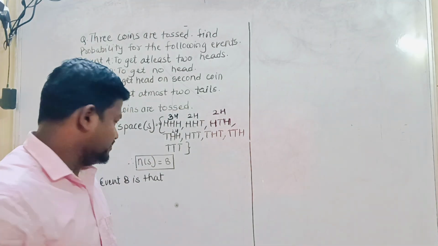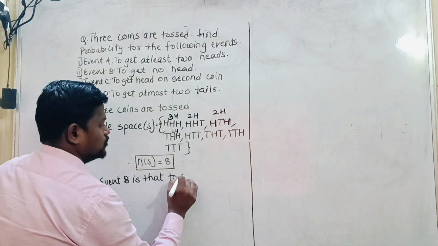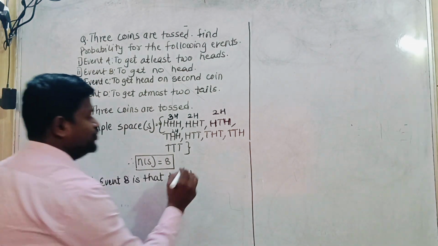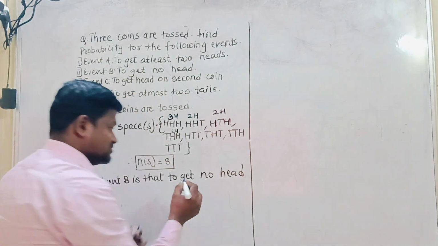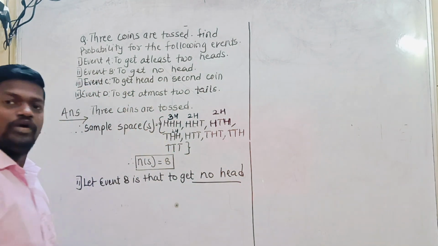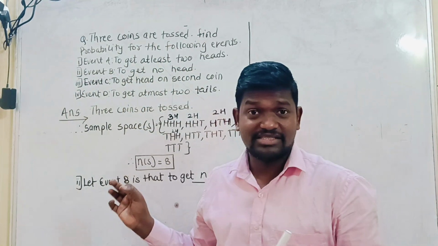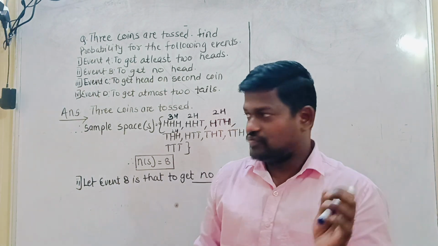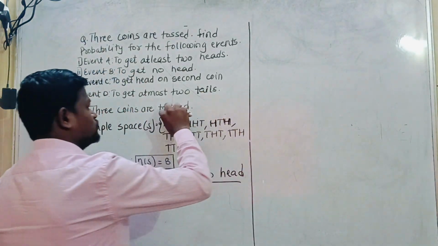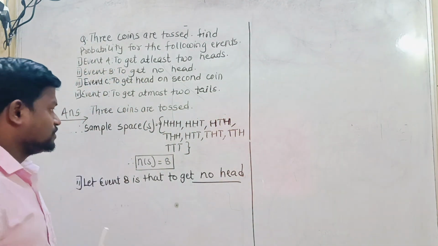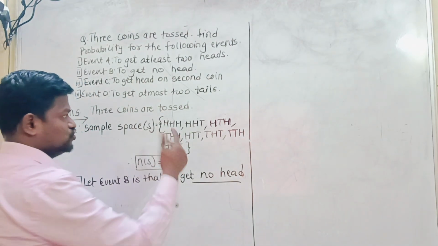So the next event is event B, to get no head. No head means in our sample space there is no head, so we have to look for such samples. Let's check. Here we obtain heads in 3 points, so exclude.